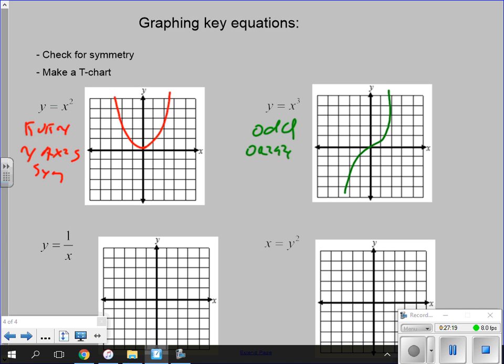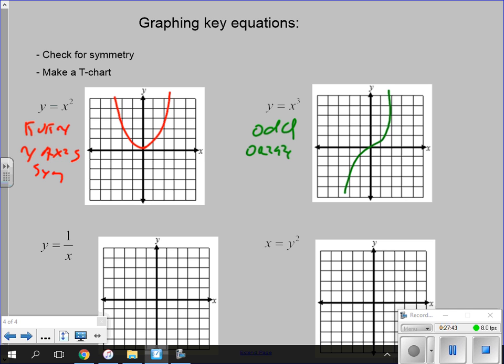Y equals 1 over x. If I put in negative x, do I get the same thing? No. If I put in negative y, do I get the same thing? If I change both of them, do I get the same thing? Yeah, so this is symmetric about the origin.